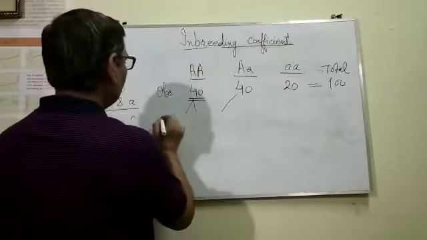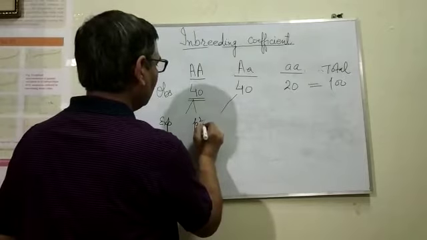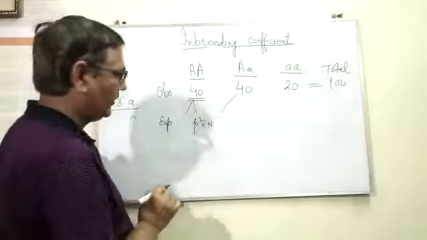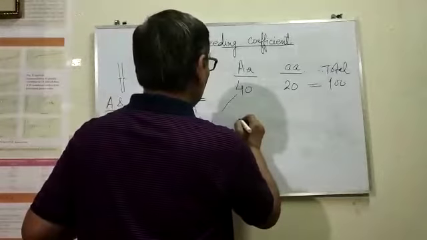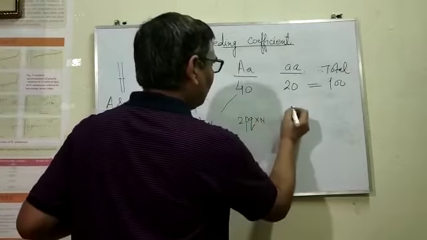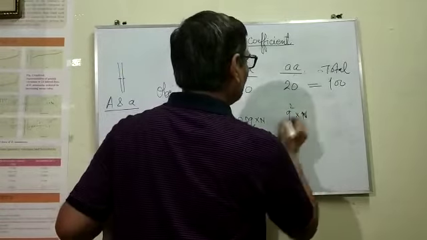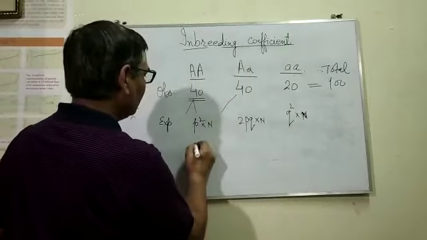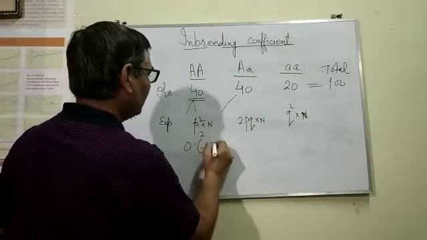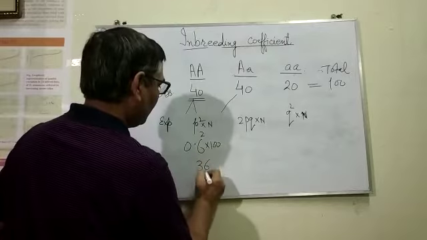Expected genotypes will be P square into N, where N stands for the number of individuals observed, 2PQ into N for heterozygotes, and Q square into N. So P square, that is 0.6 squared, into 100 will come to 36.